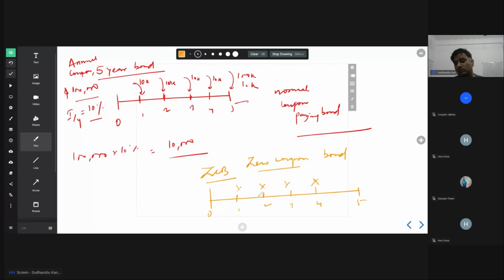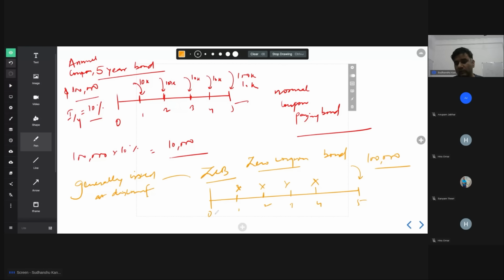These zero coupon bonds are a special category where eventually, at the end, you will get your complete 100,000. But they are generally issued at a discount, and quite a steep discount.